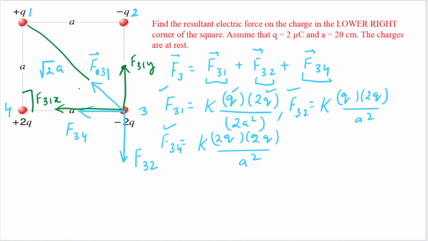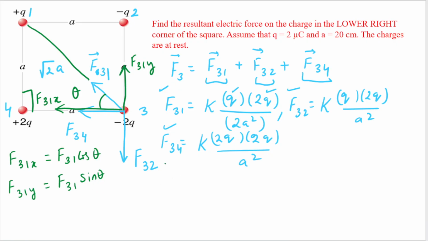F31 is the hypotenuse and F31X is the base. If this angle is theta, then F31X equals F31 cos theta. Similarly, F31Y equals F31 sin theta. Here, of course, theta equals 45 degrees because it is a square.